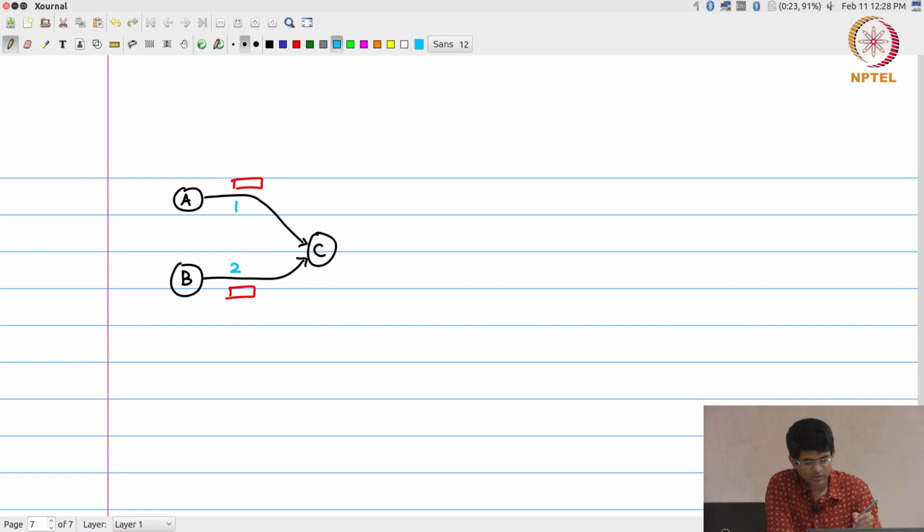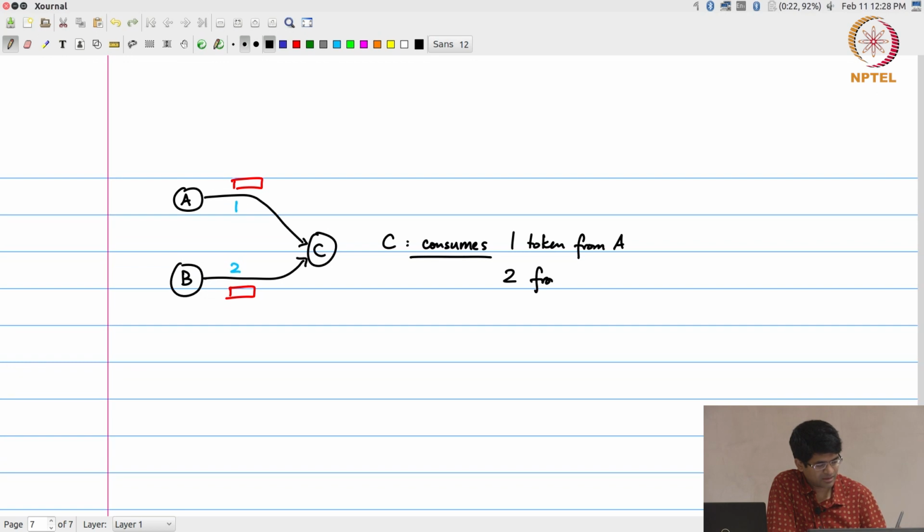Okay. So with this model, essentially what I am saying is every time C executes, it consumes one token from A and 2 from B on each execution, on each firing.